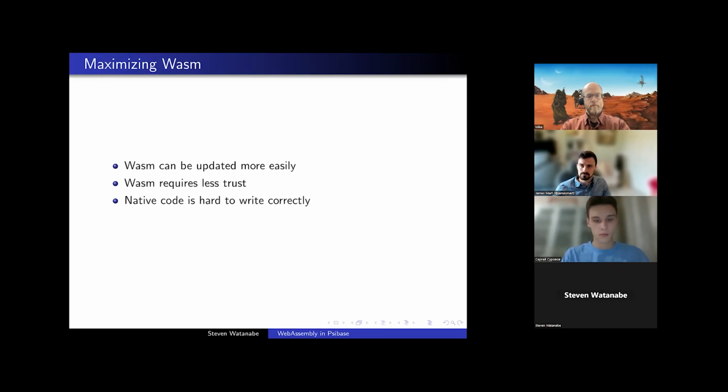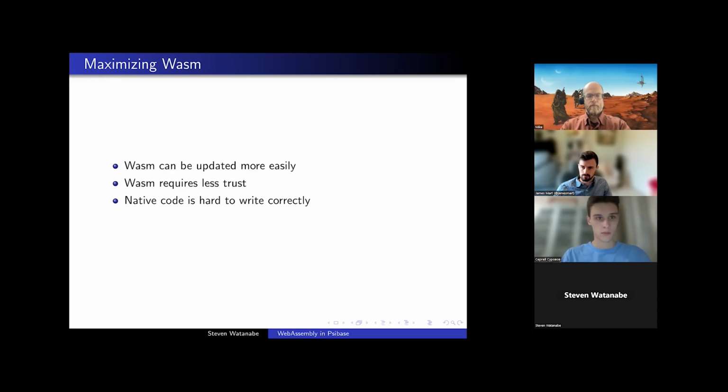Our general philosophy is that if something can be implemented in WebAssembly, then it should be implemented in WebAssembly. There are a few reasons for this. The first is that code that's implemented in WASM is much easier to update than code that's implemented in native.